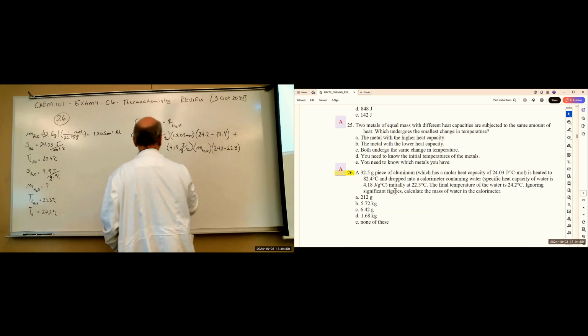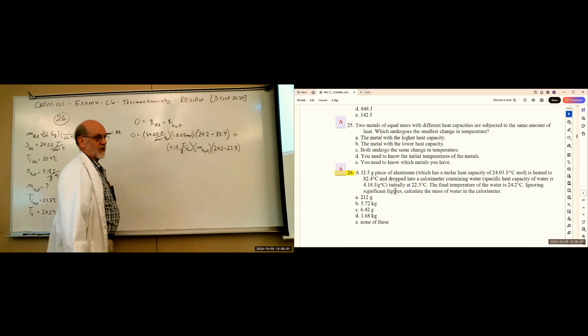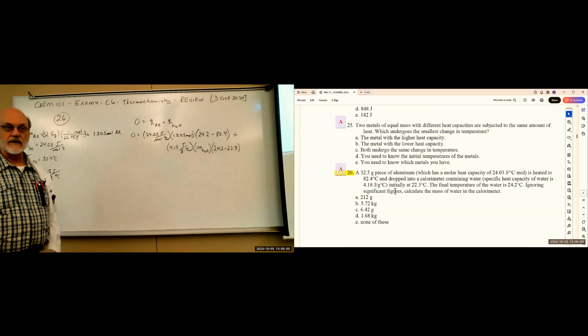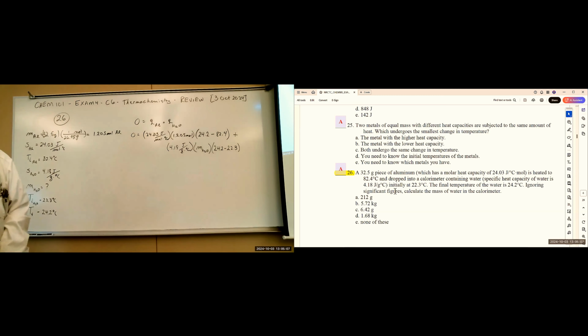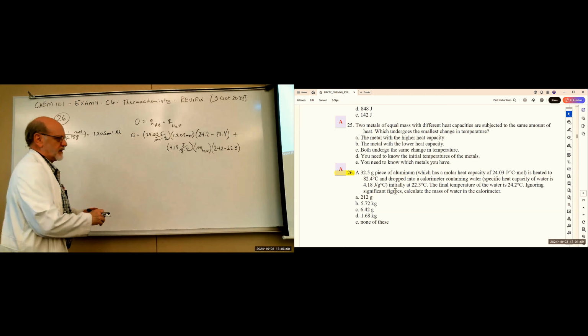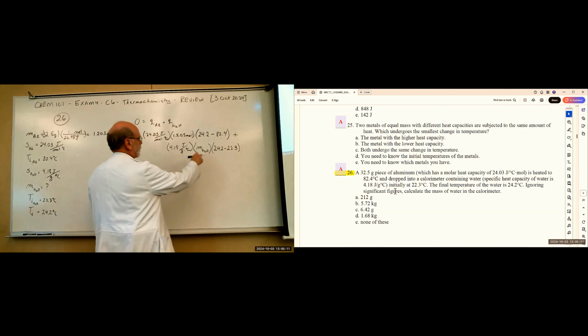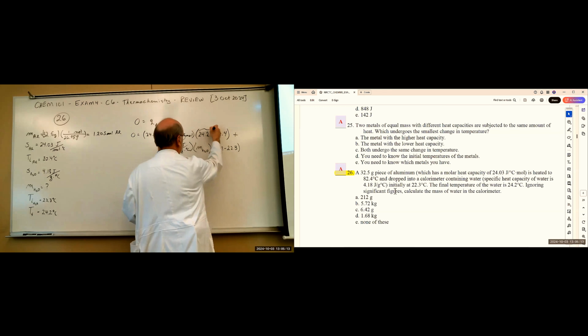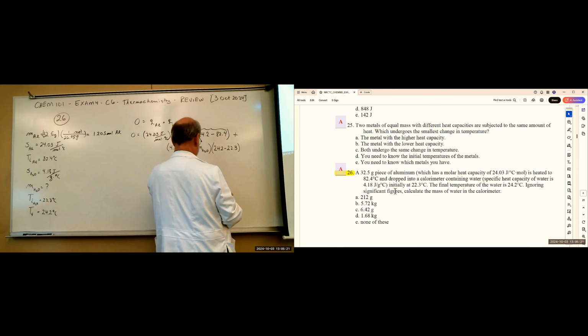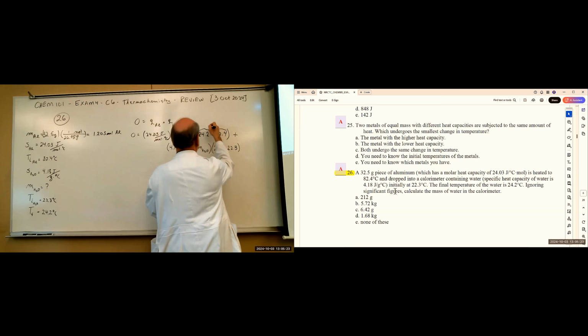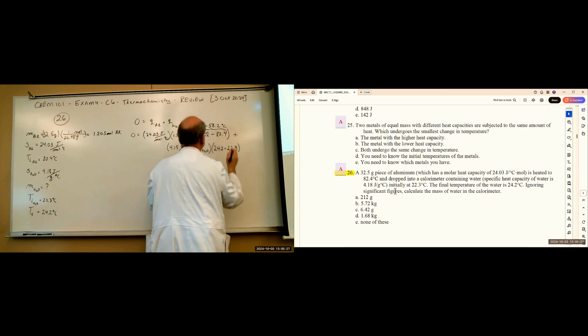There we go. So that's the thinking part. All you have to do now is crunch numbers. I guess we ought to do one because I haven't done one yet. So this difference here is what? 24.2 minus 82.4 is minus 58.2 degrees C.